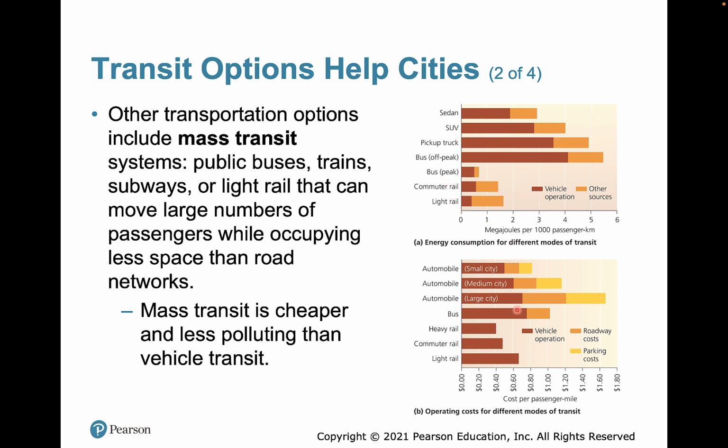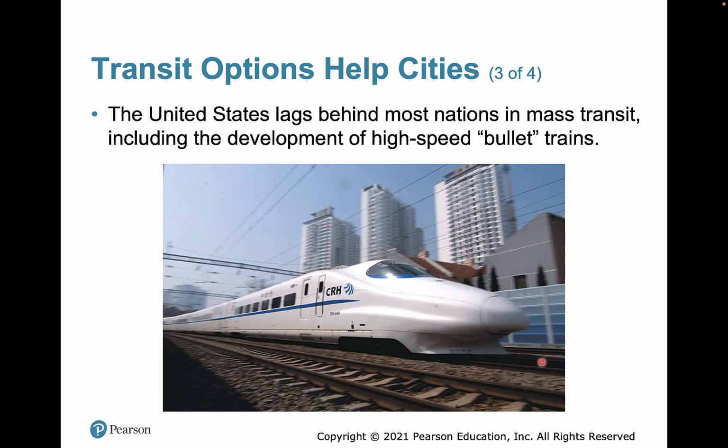And it's the same thing for how much it costs. Okay, so it costs a lot more to operate a vehicle in any size city, roadway costs and parking costs. So the idea of public transit or mass transit is a really smart idea, but it doesn't happen out here.